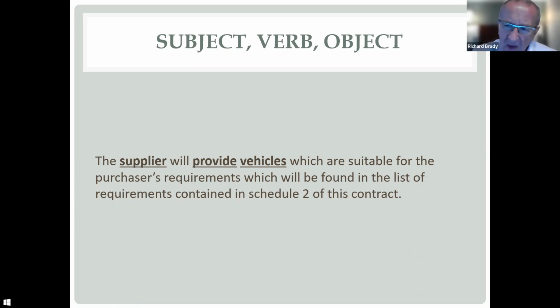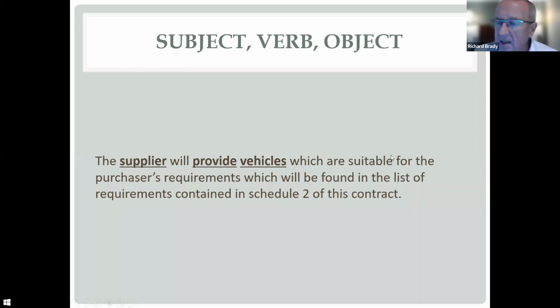Well, although it's a subject, verb, object sentence, if you're writing a contract for the common law, it's usually best to have just one idea per sentence. So this sentence would be far better if we broke it down into 2 sentences, each with a subject, verb, object sequence.